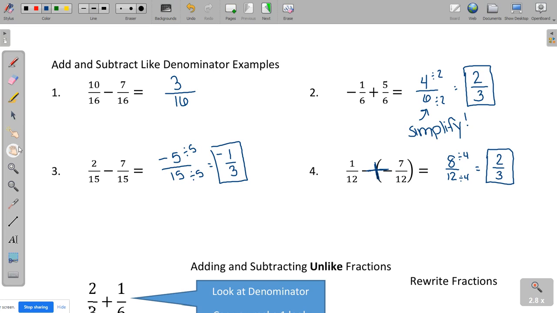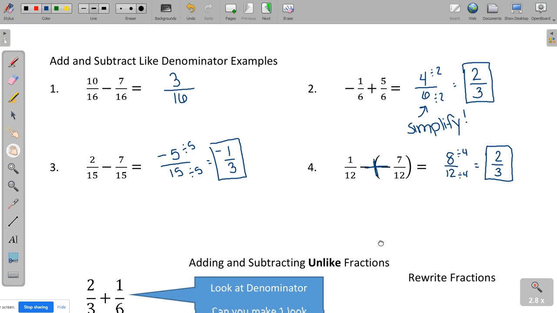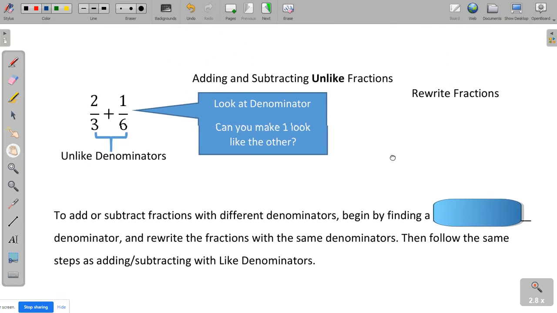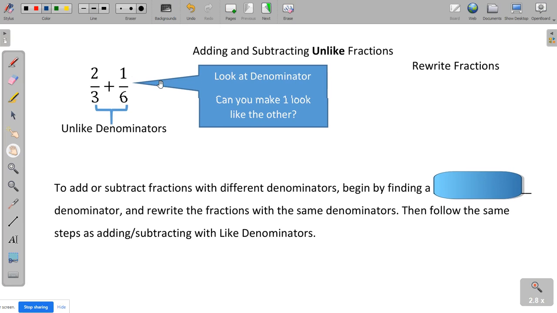We are not always going to have like denominators. So let's look at when we have unlike denominators. So we have 2/3 plus 1/6. We look at the denominators, and is there a way that you can make both of these numbers look like each other? So 3, is there a way to make 3 into 6 by multiplication?